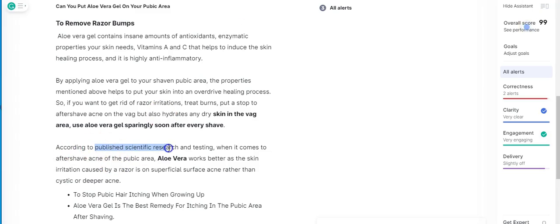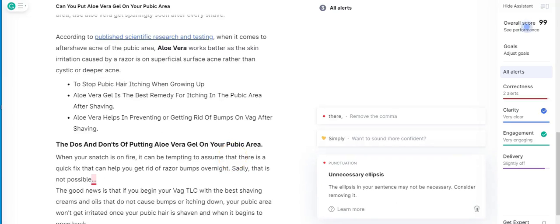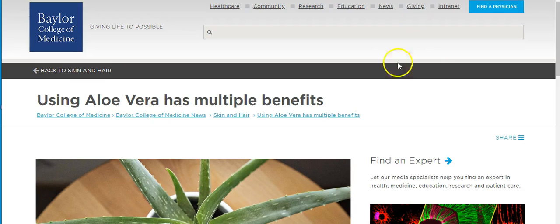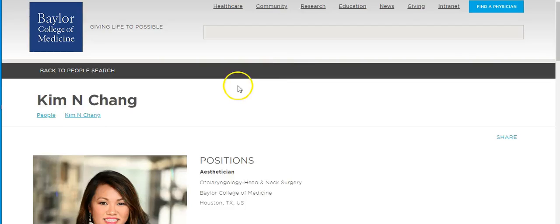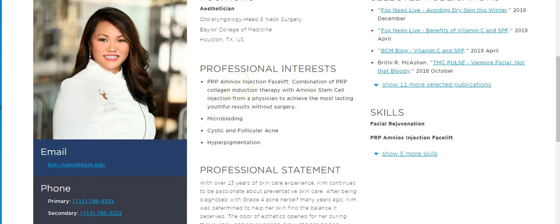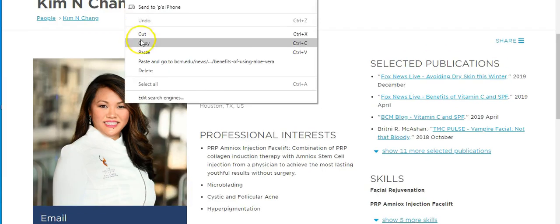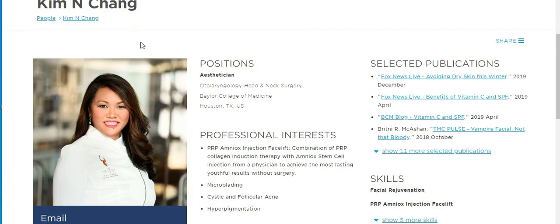So with the available resources that I have, juggling between research publications and educational platforms, like here you can see I'm pulling out related pages that I can refer to as my sources of information.